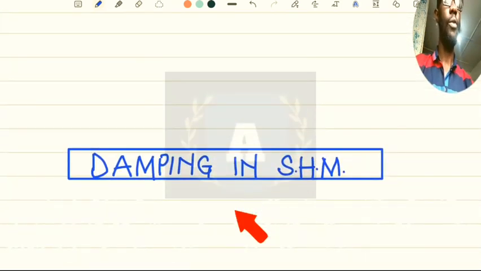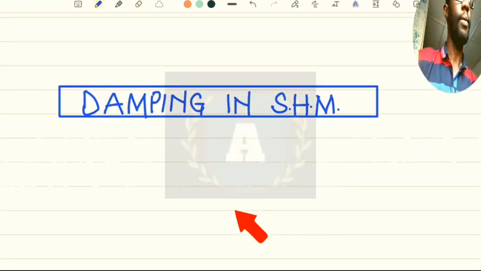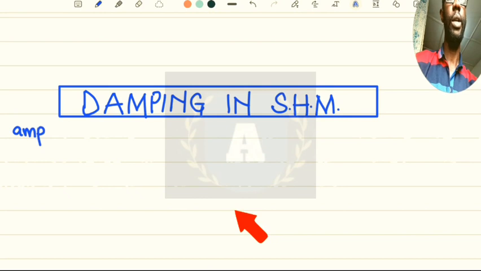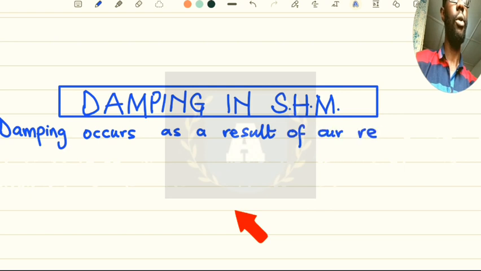Now we have finally damping. And what is meant by the word damping? It actually occurs as a result of air resistance.